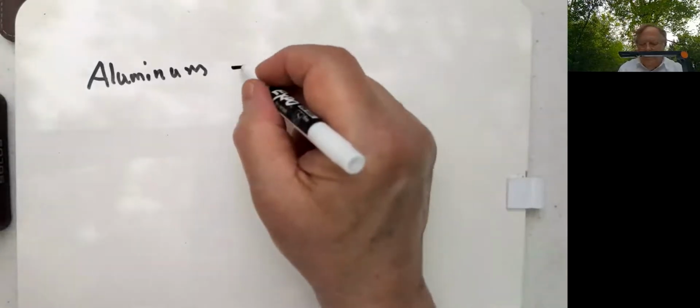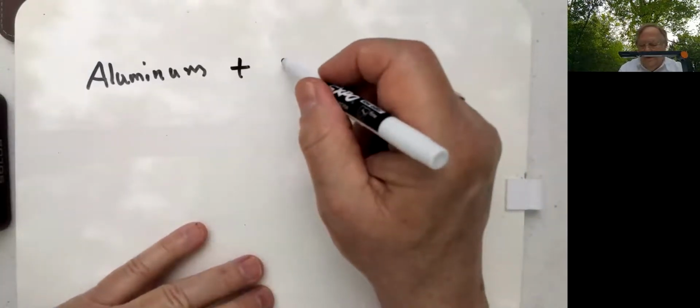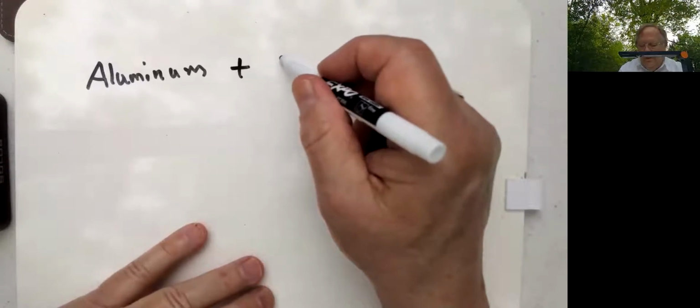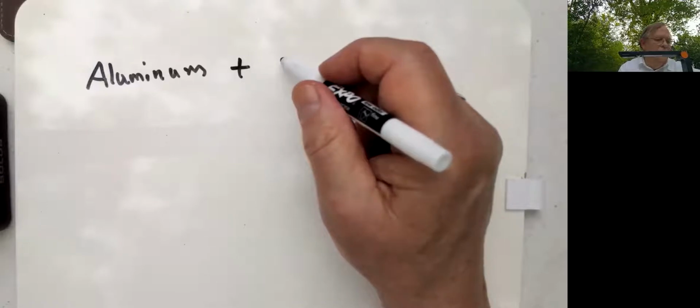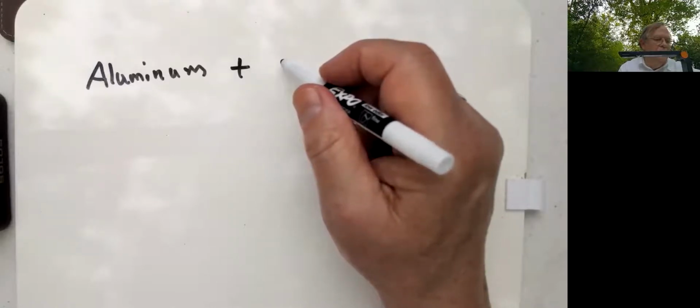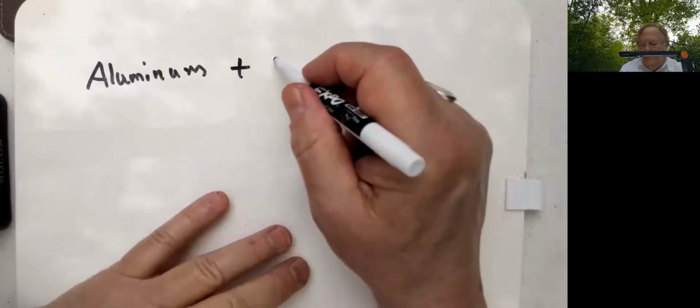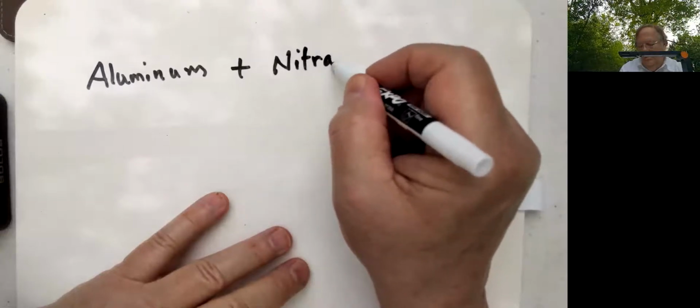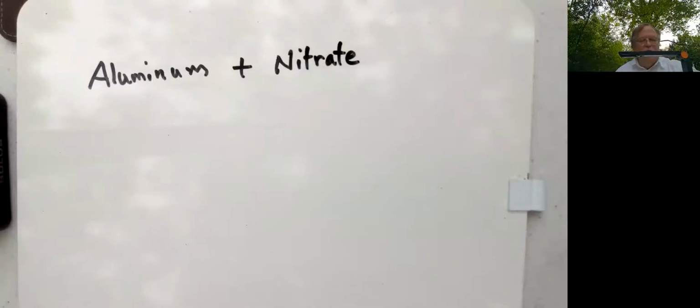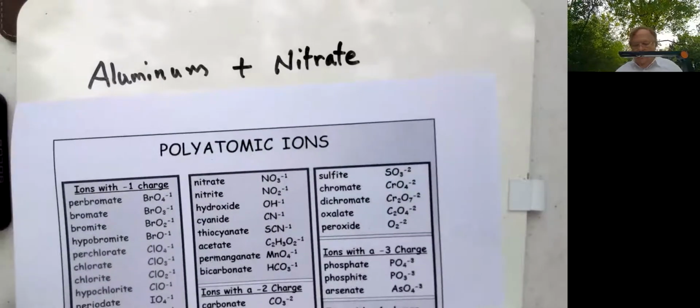And then here is, let's put it with, let me get another. Let's go with nitrate. Okay, so if you don't have a polyatomic ion chart, I'll show you that one right there.